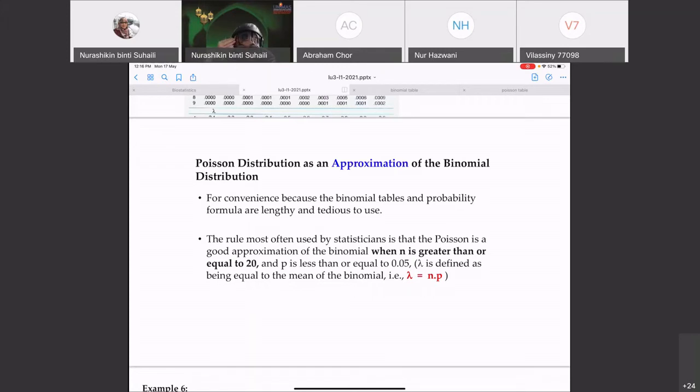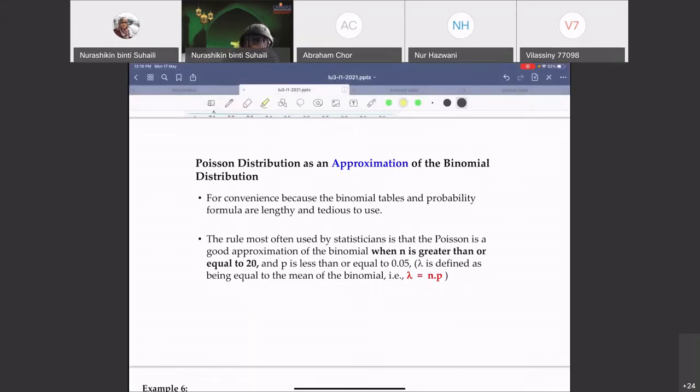It is when n is greater than 20, as I mentioned just now. So there are two situations. First is when n is greater than 20, and another situation is when p is less than or equal to 0.05.